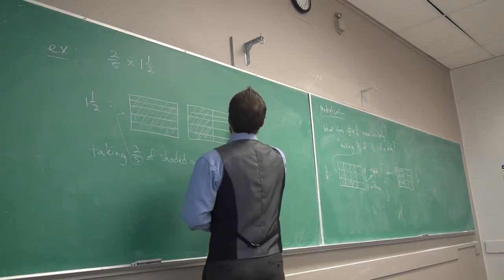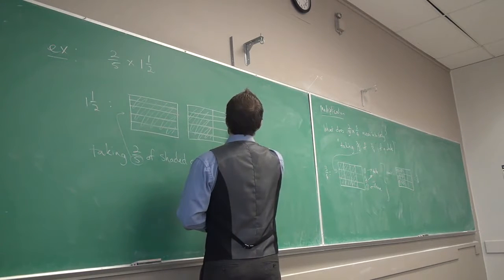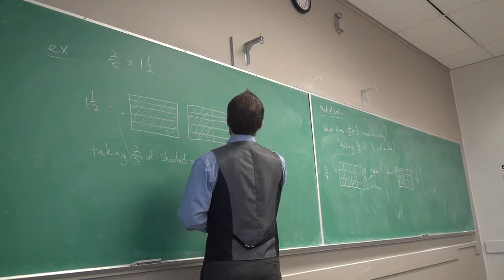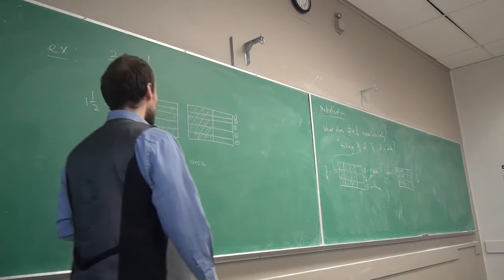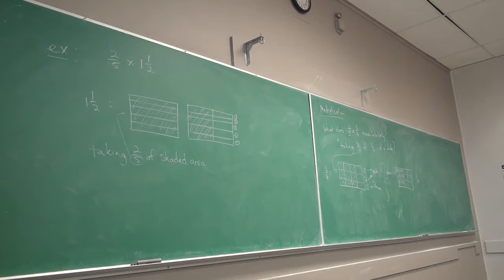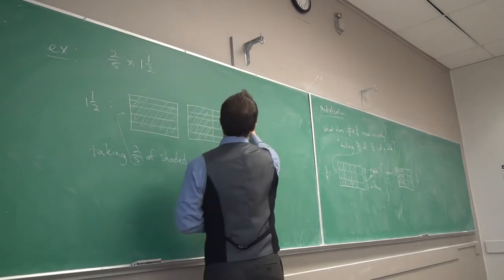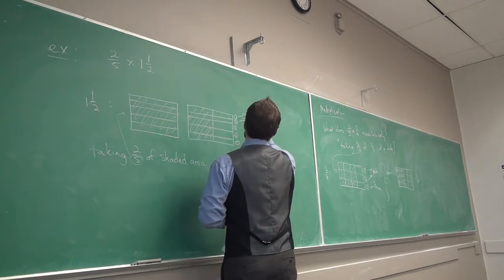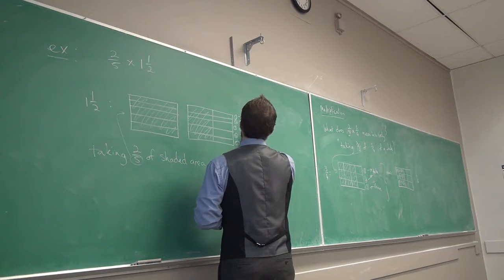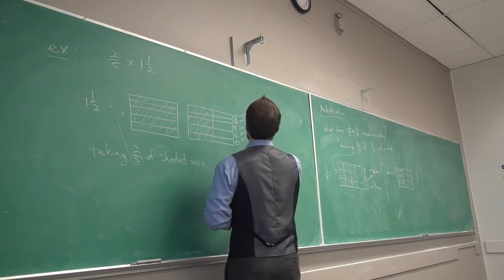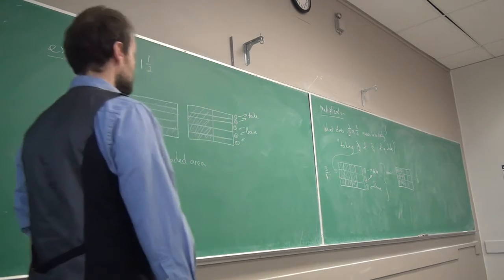So I have rows 1, 2, 3, 4, 5, though you don't have to number them. I'm taking 2 out of 5 rows. Because I'm taking 2/5, I'll take this one, and I'll leave these alone. I don't want them. I only want 2 out of 5.